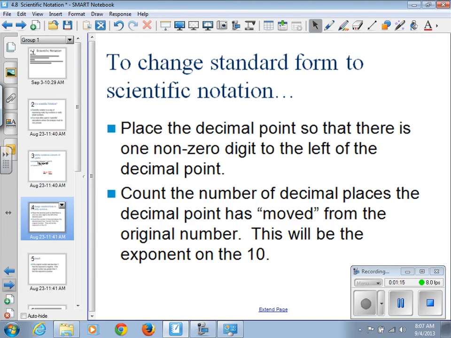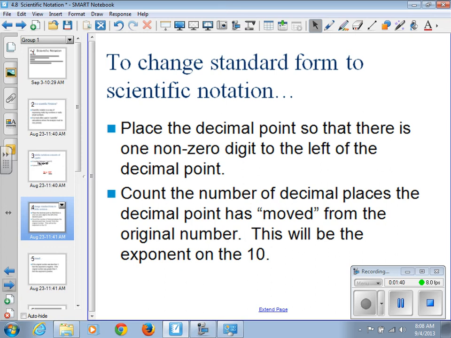To change a standard number into scientific notation, this is a slide you will want to write down word for word, pause, and rewind if needed. You will place the decimal point so that there is one non-zero digit to the left of the decimal point. You will count the number of decimal places the decimal point has moved from the original number.